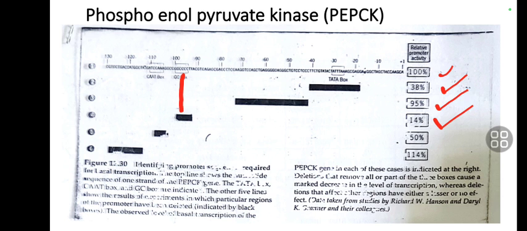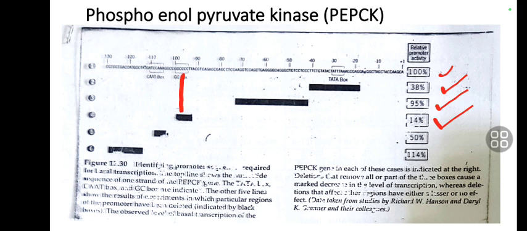So a major effect on the efficiency of transcription is shown when we remove the GC boxes. Here we can interpret that removing the TATA box reduces transcription to 38%, and removing the GC box reduces it to 14%. So it is more important than the TATA box.